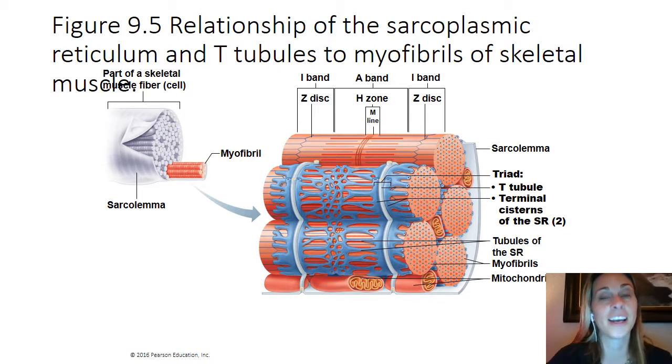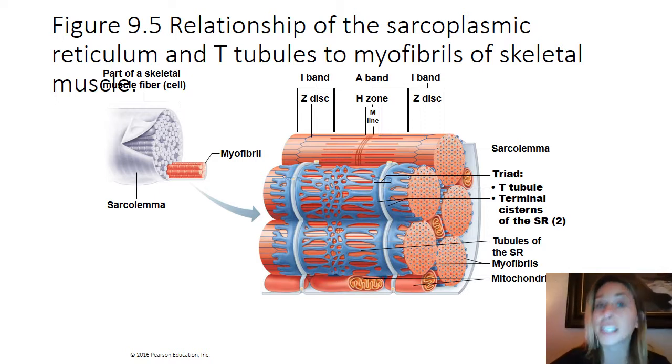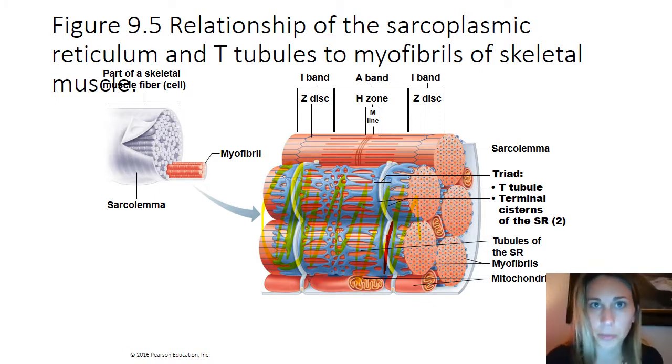There's the sarcolemma, and it's got this amazing thing lying underneath it. Surrounding the myofibrils is the sarcoplasmic reticulum. Sarcoplasm, because it's surrounding the sarcomere, under the sarcolemma, part of muscle. And reticulum, because it's reticulated when you look at it.